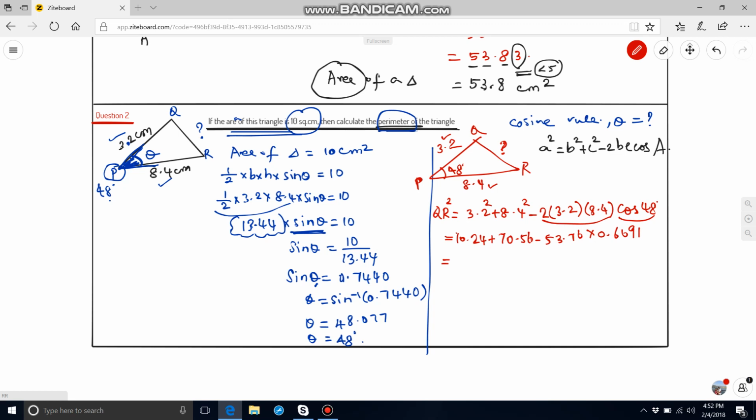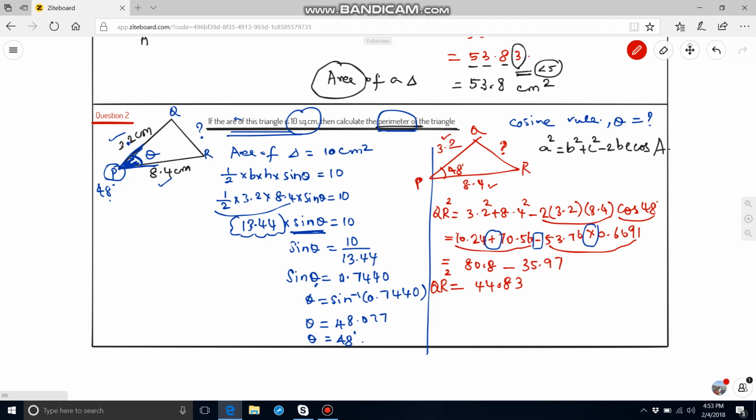Here we add these two numbers, which gives 80.8, minus the product. We multiply the last two numbers first, because multiplication comes before addition and subtraction, which gives 35.87. By subtracting these two numbers, we get 44.83, which is QR square.